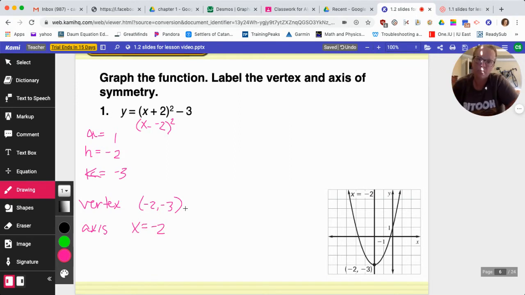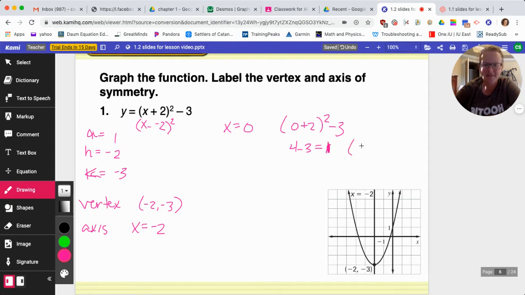And then we have to find a few more points. So let's go ahead and calculate it at x equals 0. 0 plus 2 squared minus 3. So 2 squared is 4, minus 3 is 1. So that point's going to be 0, 1. Now let's go ahead and try another point.